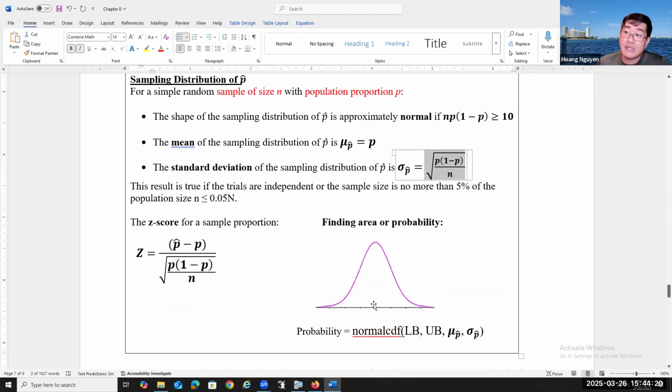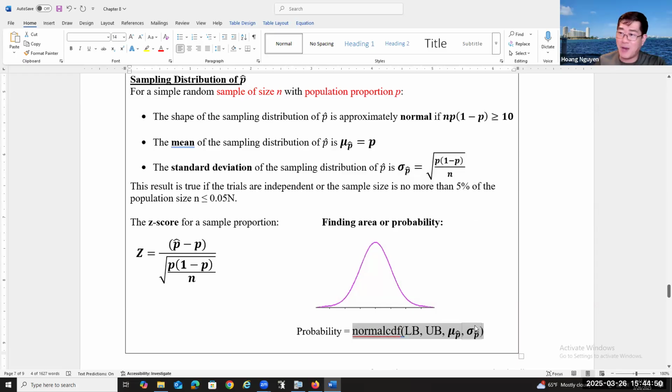The probability is going to be equal to the normal CDF of lower bound, upper bound, mean, and standard deviation. So the mean of p hat is p, and the standard deviation of p hat is the square root of p times 1 minus p over n. We use the same idea from chapter 7: normal CDF, lower bound, upper bound, mean, and standard deviation.